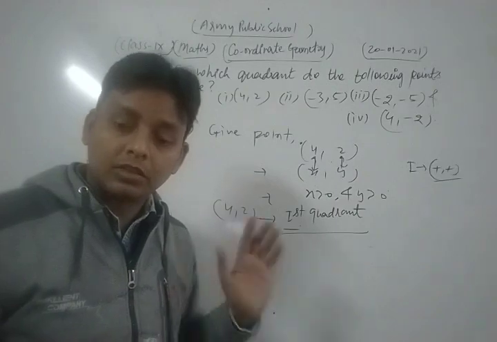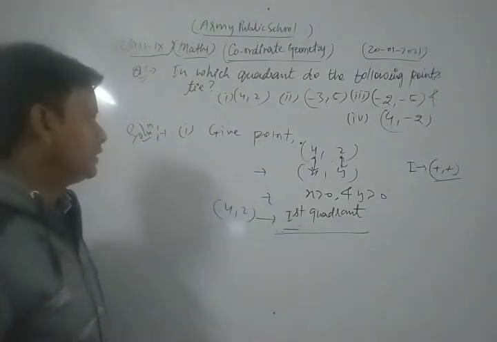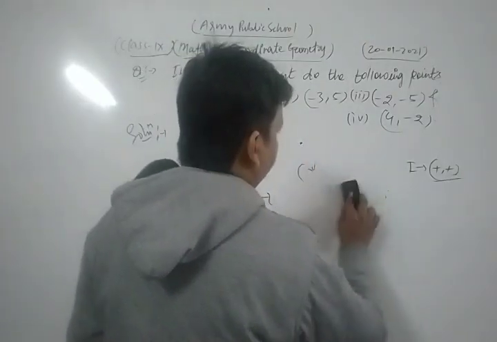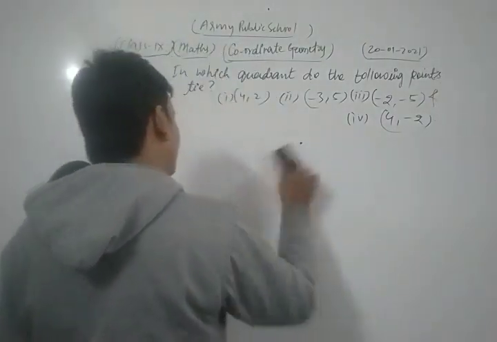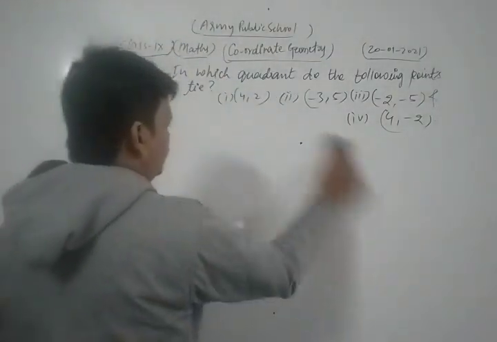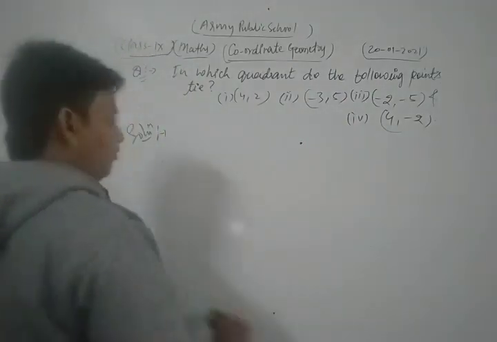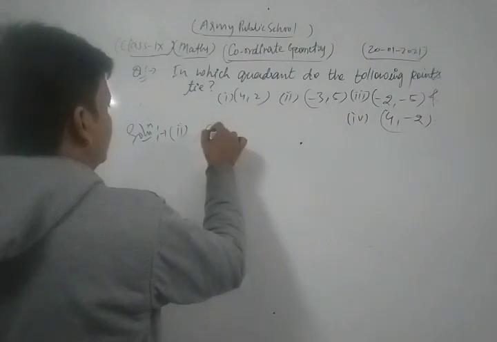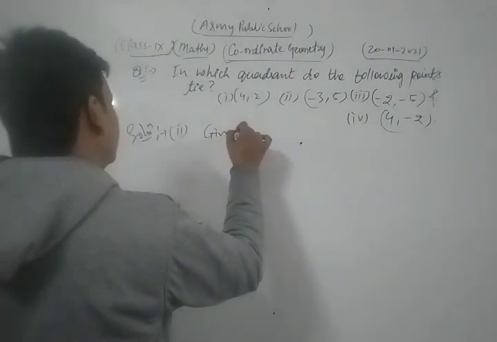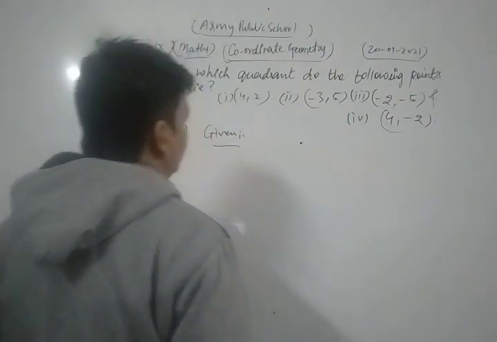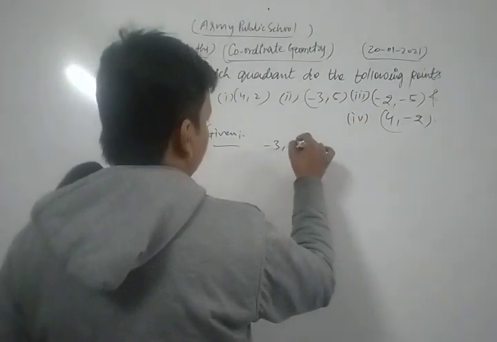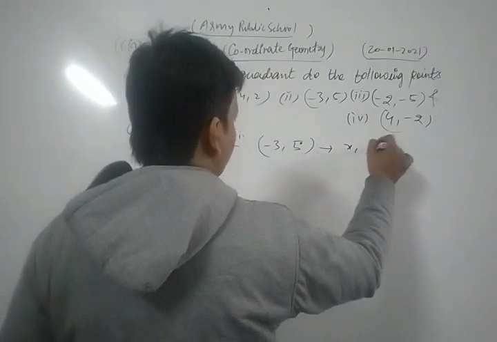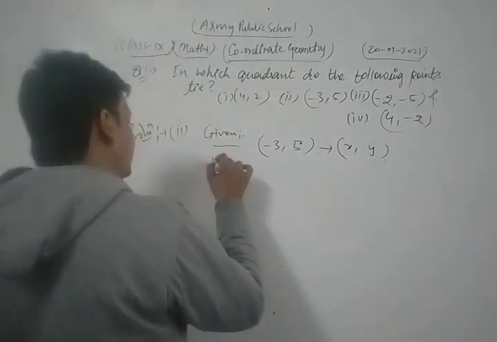Now clear, dear students? Similarly, we will discuss the second part of this question. Here, first of all, the given point is (-3, 5), in the form of abscissa and ordinate.